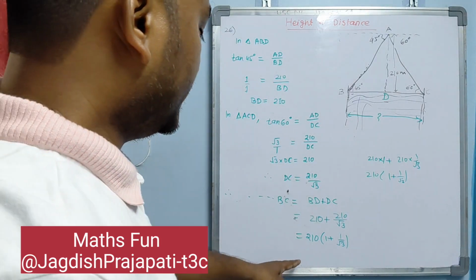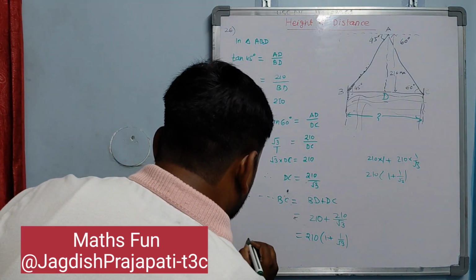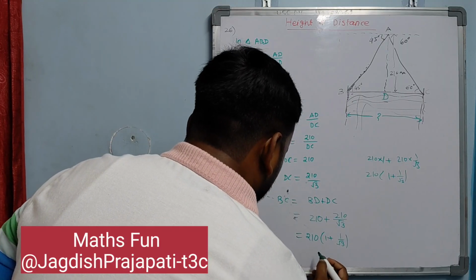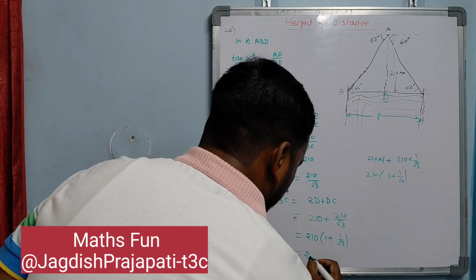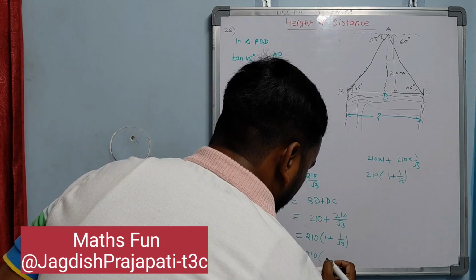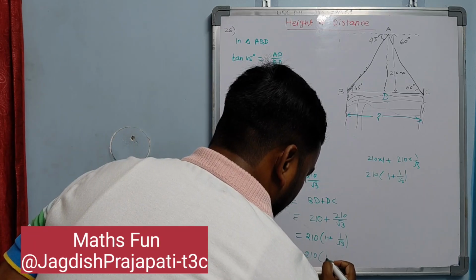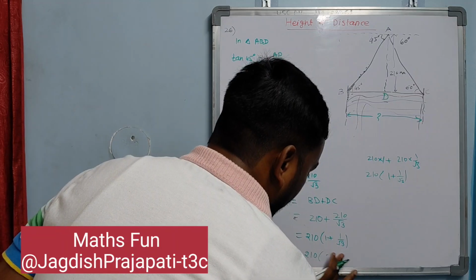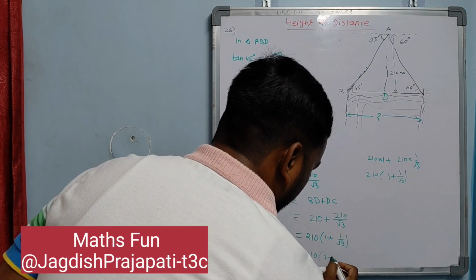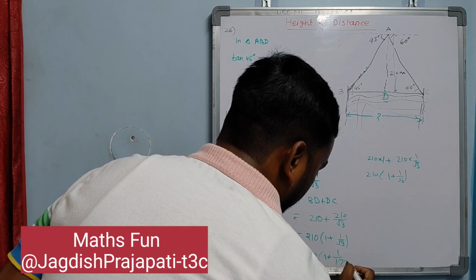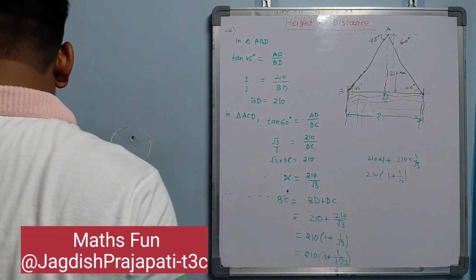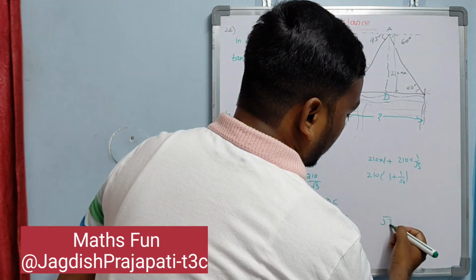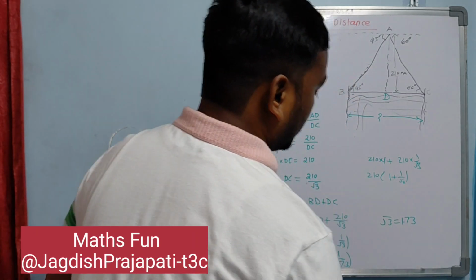So this is 210 into (root 3 plus 1) by root 3, or you can directly solve 1 plus 1 upon 1.73, because in this question it is stated that you have to use root 3 equal to 1.73.